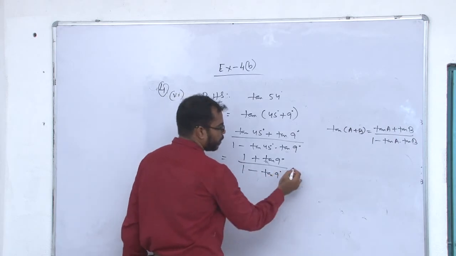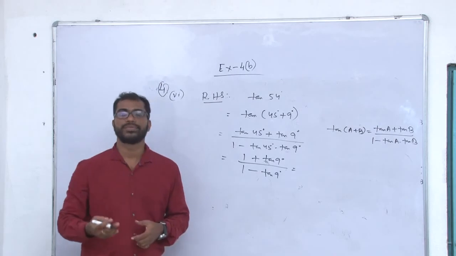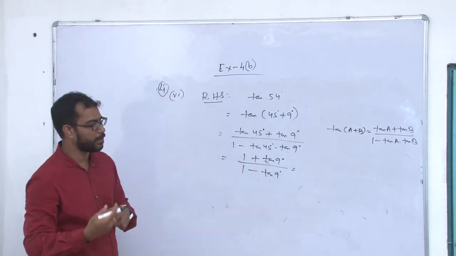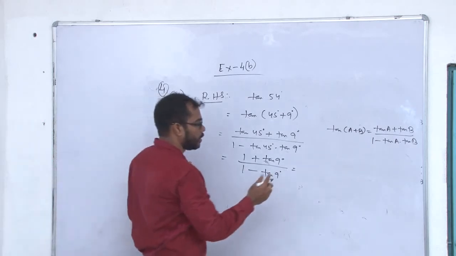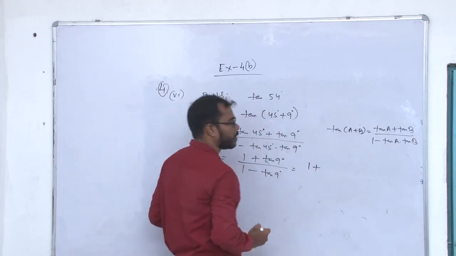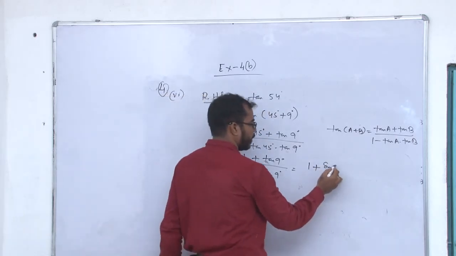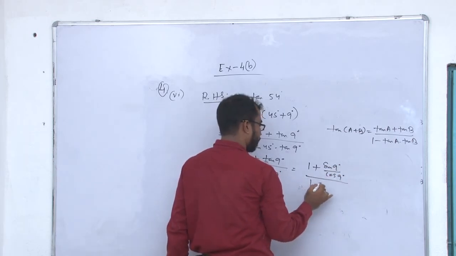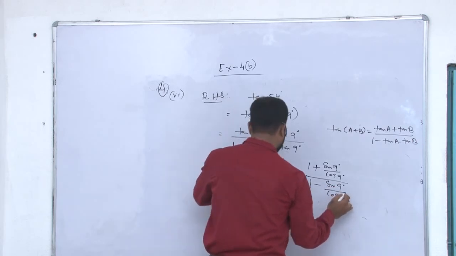But the LHS part is in terms of sine and cos, so we can express tan in terms of sine and cos. Tan 9 is sine 9 degrees by cos 9 degrees, so it becomes 1 plus sine 9 degrees by cos 9 degrees, by 1 minus sine 9 degrees by cos 9 degrees.